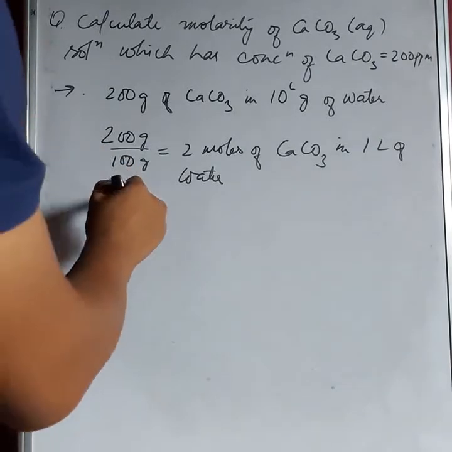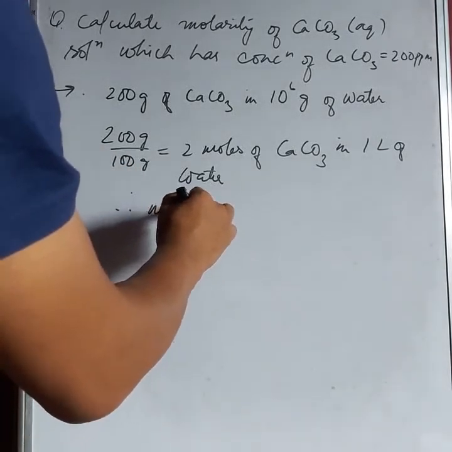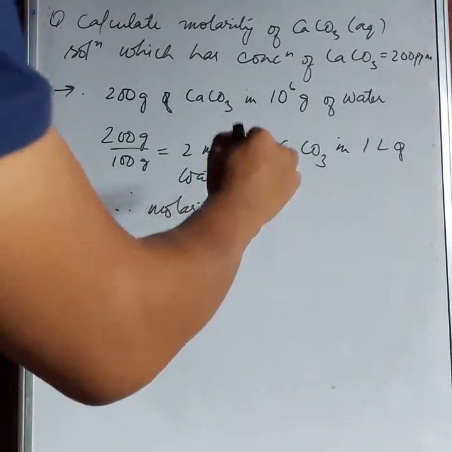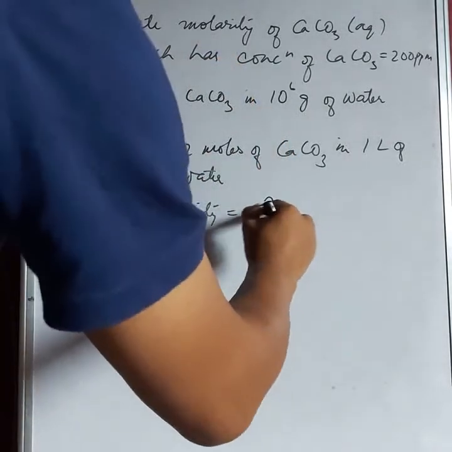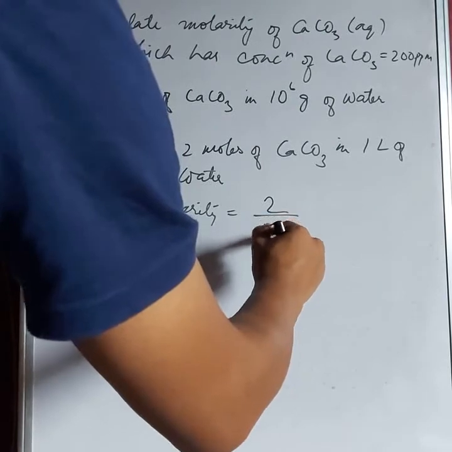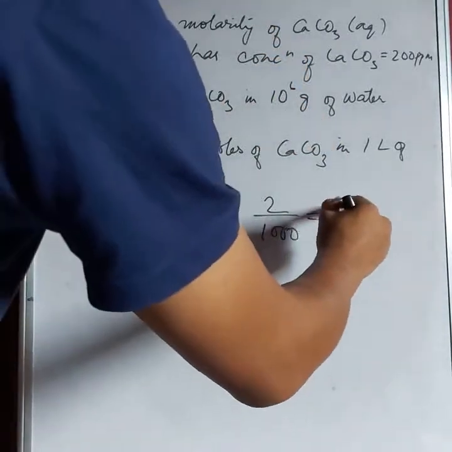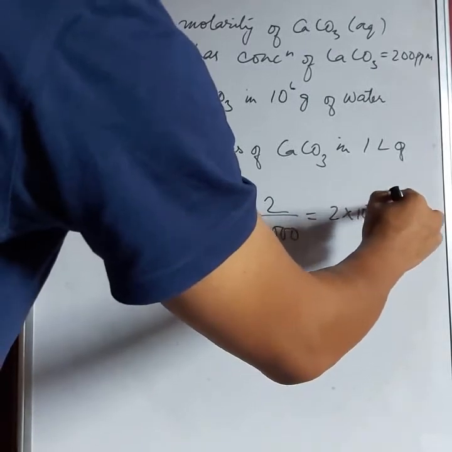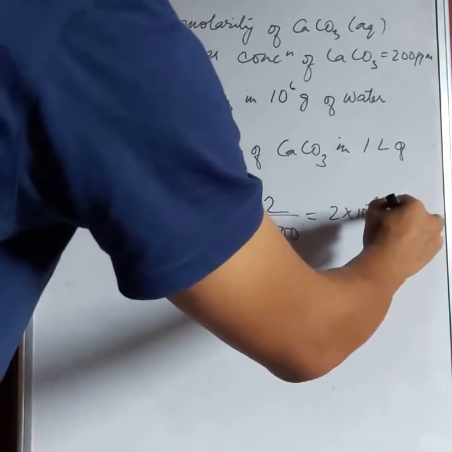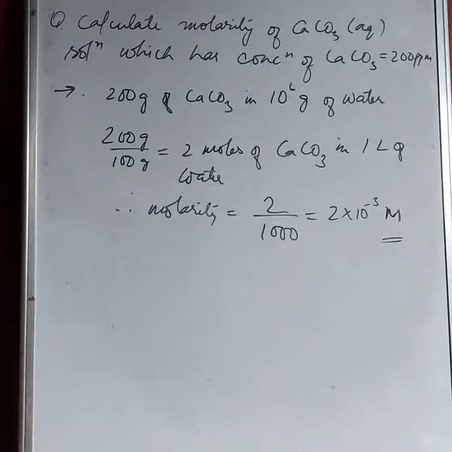Therefore, molarity is given by 2 divided by 1 liter, which is 1000, which equals 2 into 10 raised to the power negative 3 molar. So that is how we calculate the molarity.